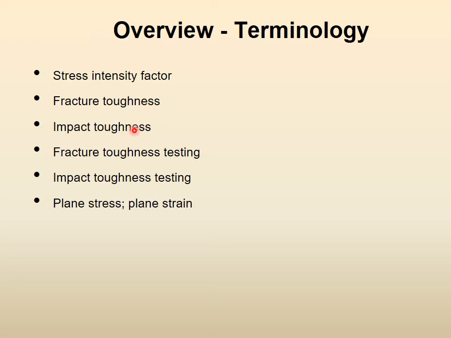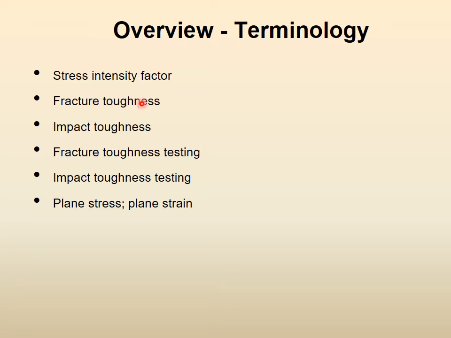Then we already talked of this word earlier in the slide just before this: fracture toughness and impact toughness. Toughness, simply toughness, is the ability of a material to resist fracture. Okay? Toughness is the ability of a material to resist fracture. So the more general toughness is the fracture toughness of the material. We will study during this course how we measure this and how we define this. Impact toughness is a subcategory of this.